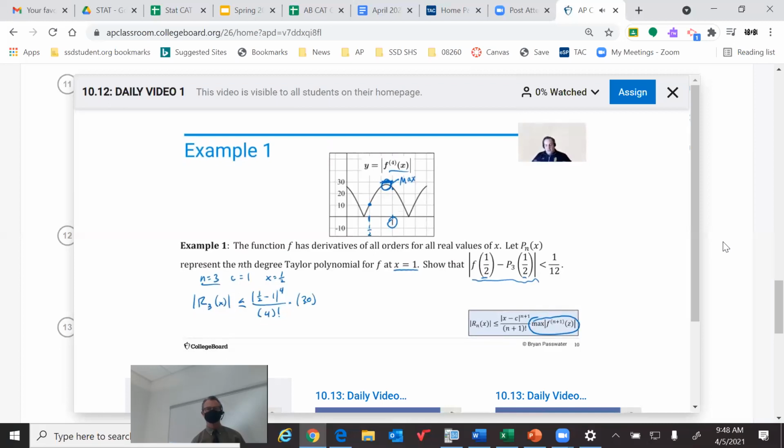And then if we simplify this a little bit, we're going to get 1/2 to the fourth power on the top, and then 4 factorial is going to be 24 on the denominator, and then times 30. And doing a little bit of arithmetic, we're going to get 1 over 16 times 24 times 30. 1/2 to the fourth power is 2 to the fourth power in the denominator.